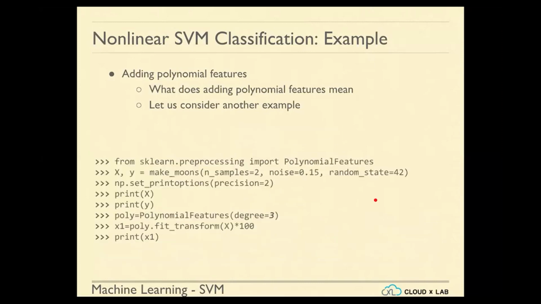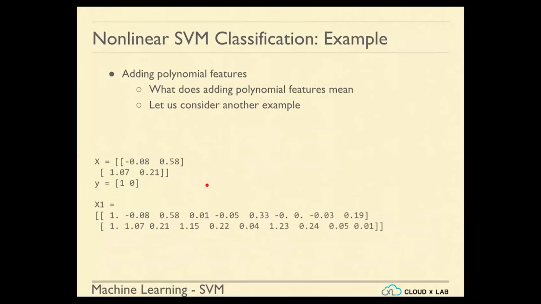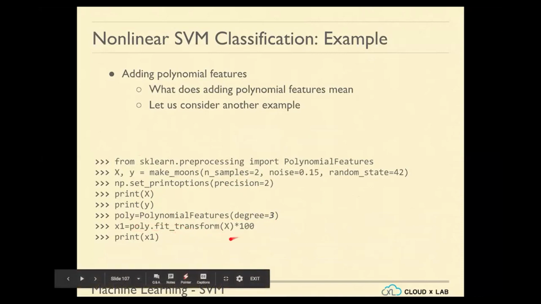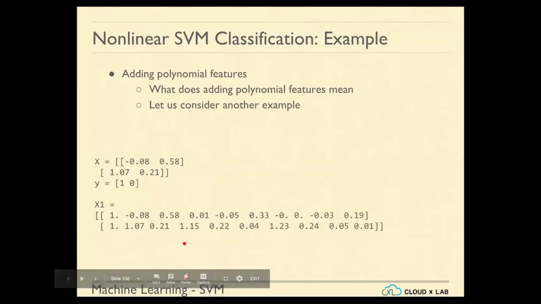So adding polynomial features, let's consider an example here. When we add more features, let's say we did make moons and we got 2 samples, and we added polynomial features of degree 3, and then we did fit transform, and then we printed. Here all we are doing is adding more and more features.